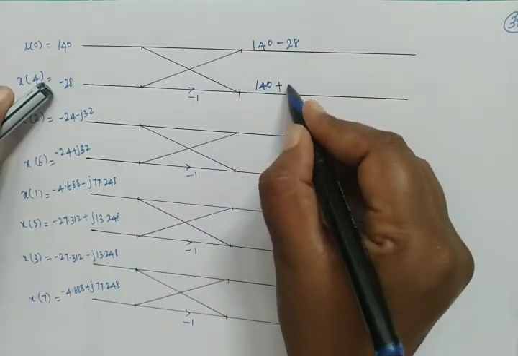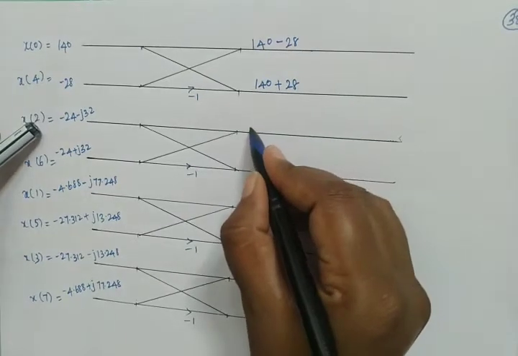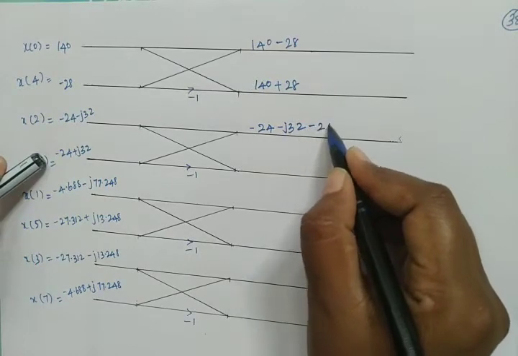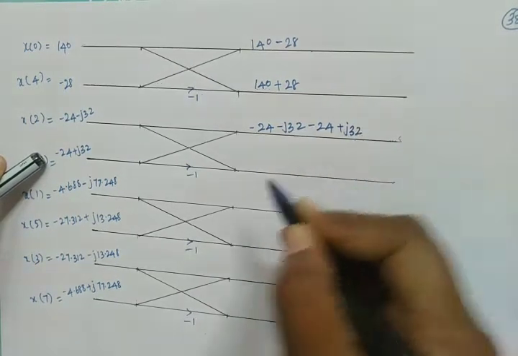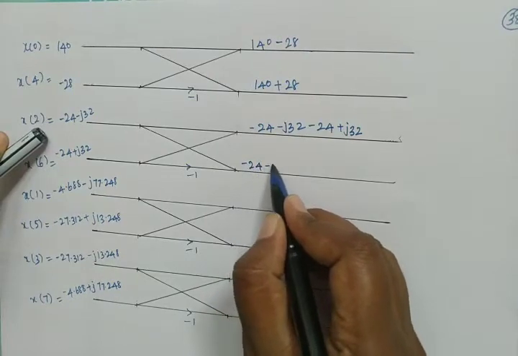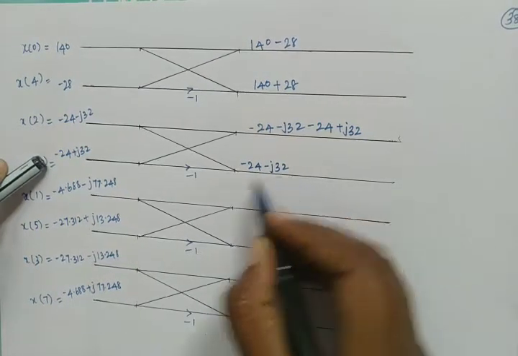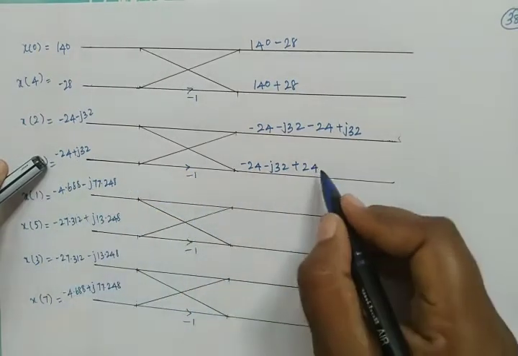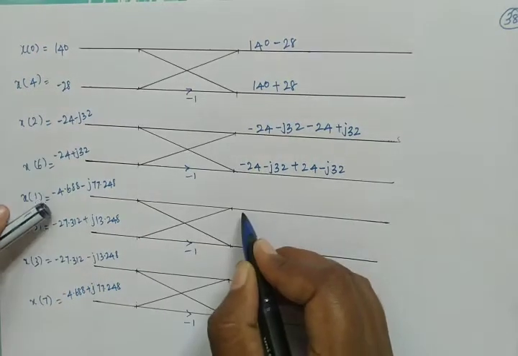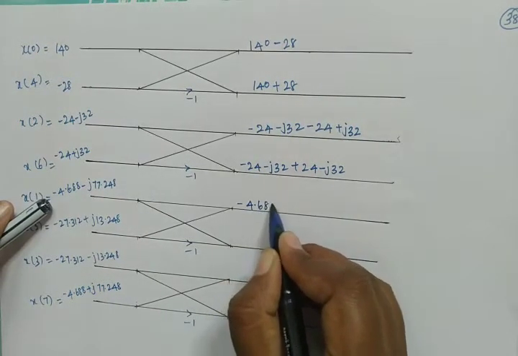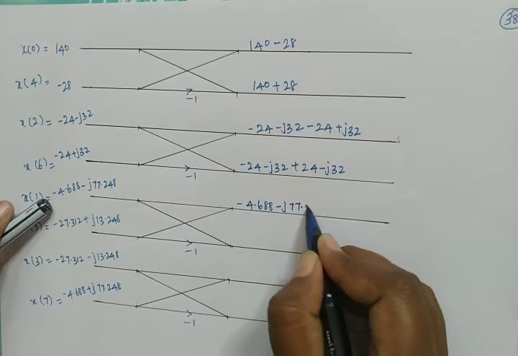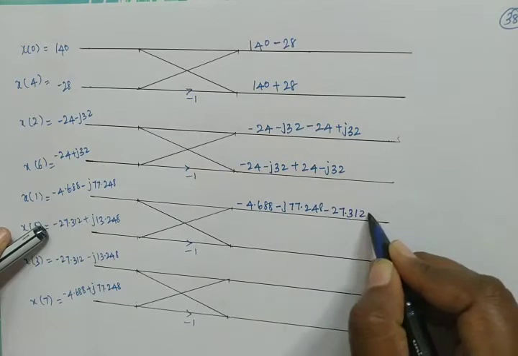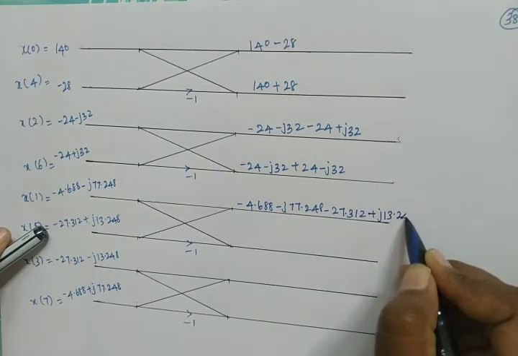Minus into minus will become plus 28. Then here we have minus 24 minus j 32, and here we have minus 24 plus j 32. Then here we have minus 24 minus j 32, and here minus into minus will become plus 24, and plus into minus, minus j 32. Then here we have minus 4.688 minus j 77.248. Now check this line, minus 27.312 plus j 13.248.